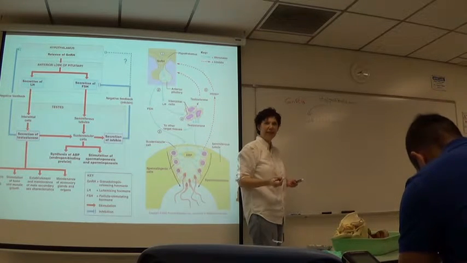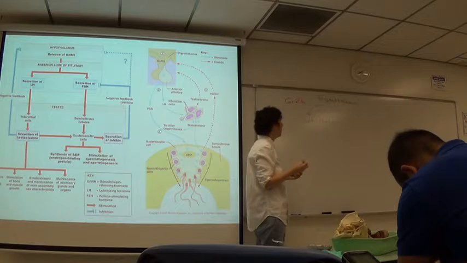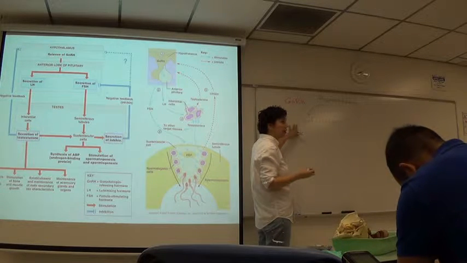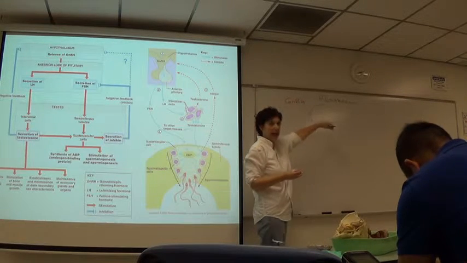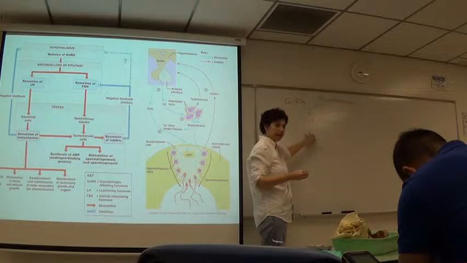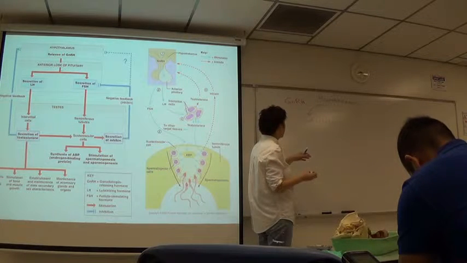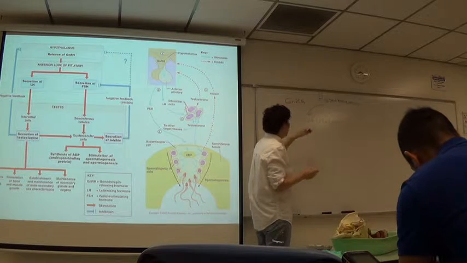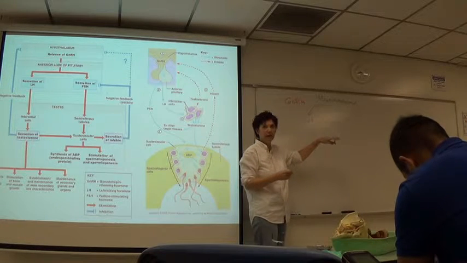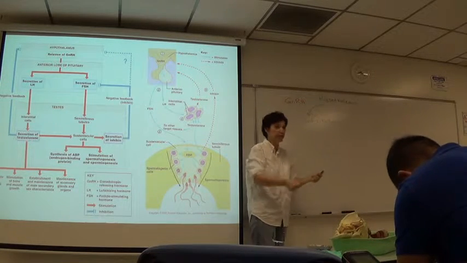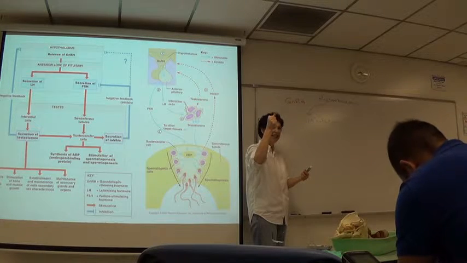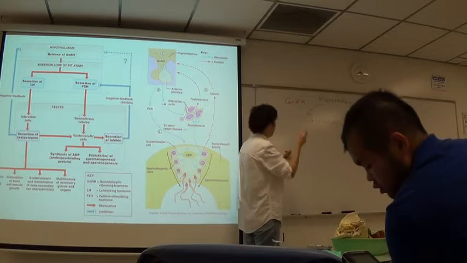Some books call them releasing factors, so the terms are interchangeable. Going to send it to the anterior pituitary, the capillary bed 1 to portal vein to capillary bed 2. I'm not going to write that in. And this is not positive feedback or negative feedback. It's a direct stimulus. It's like turning on a light. There's no sensor there that goes up or down.